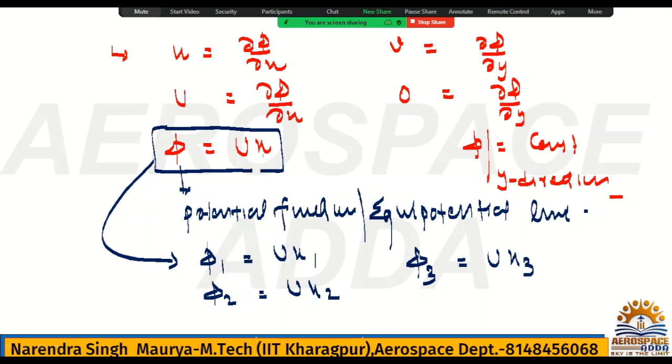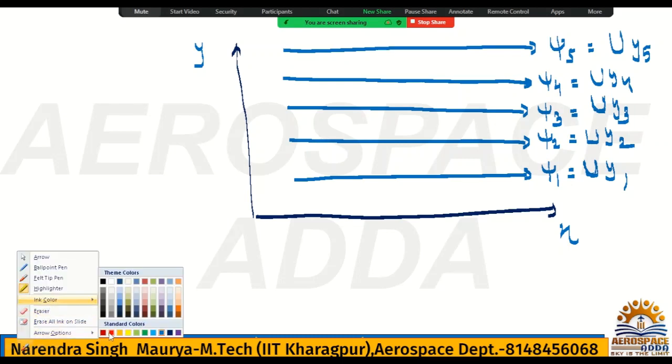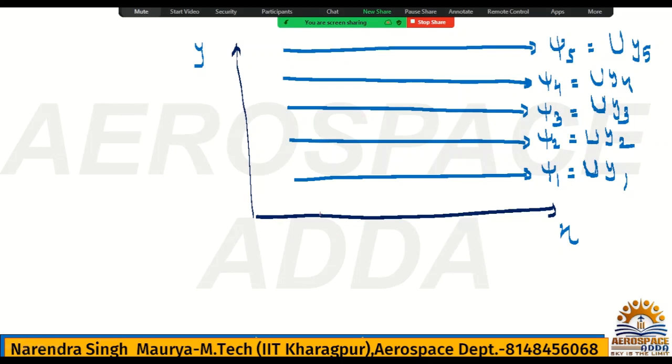If you are getting different values of x, it means you are changing that value in the x direction. I will show it in a diagram, so it will be more clear to you. Suppose this is the x1 value here, and perpendicular you have to draw. This is x1, this is x2, this is x3, this is x4, and this is x5.